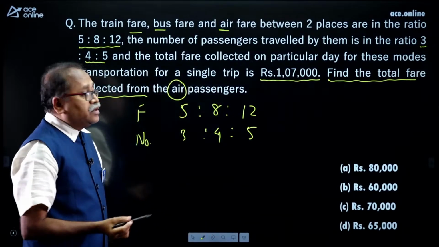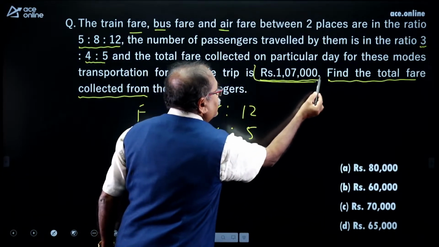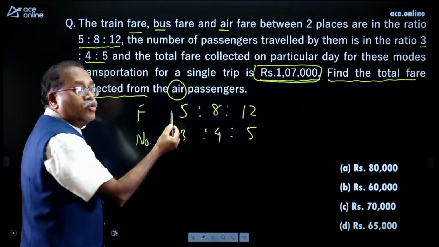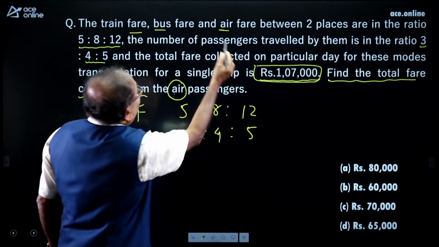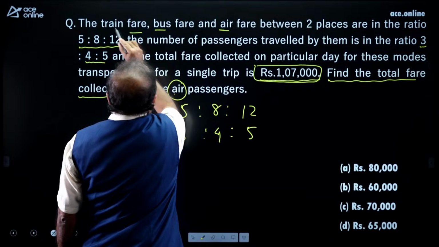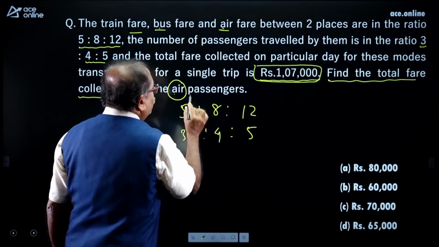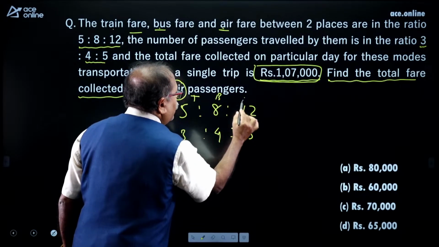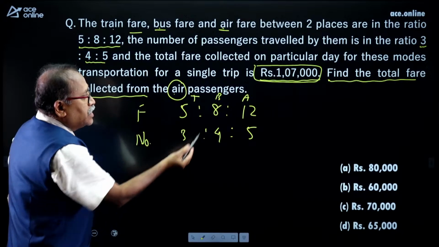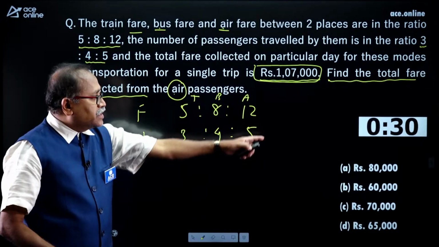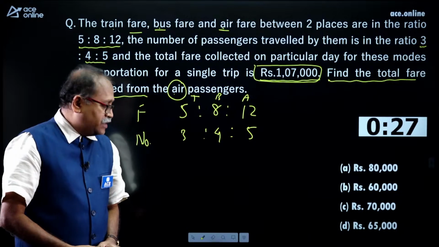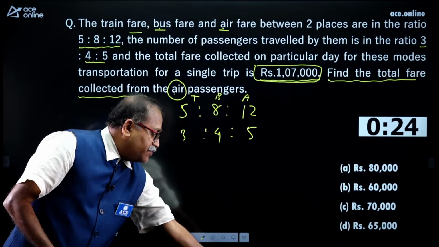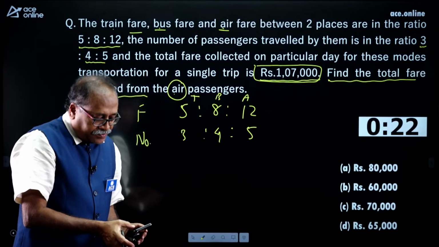Now, if the total amount collected by all three modes is this one, what is the amount collected by air? The order is train, bus and air. So how much is collected by air? Your 30 seconds starts now. I will just wait for 30 seconds, my young friends, and then I'll see if you can answer the question.